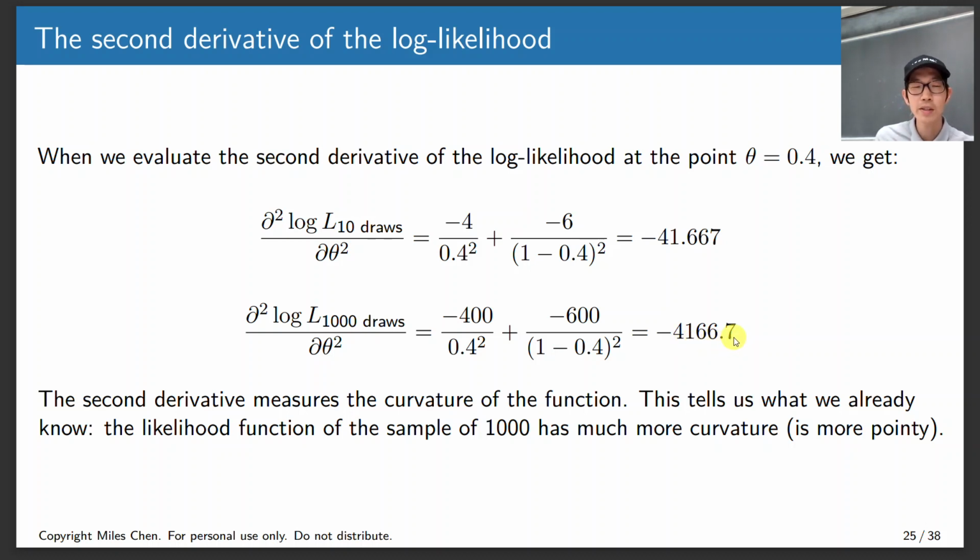This second derivative measures the curvature of the function. It tells us that the second derivative of this function is much greater than that of the other function, indicating that the change in slope is much more rapid for this one, which points to a function that's much more pointy.